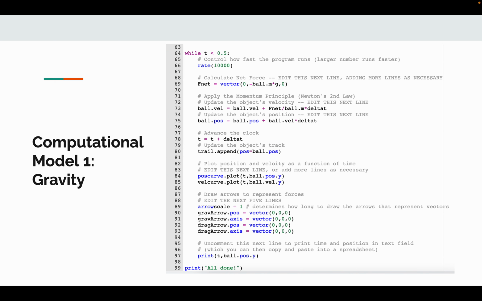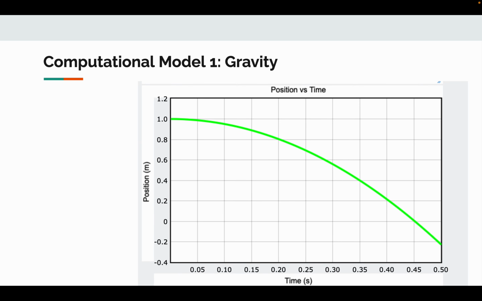And then I used the velocity and position update formulas to update the position of the eraser as it falls. And this is what the position versus time graph shows using the model.